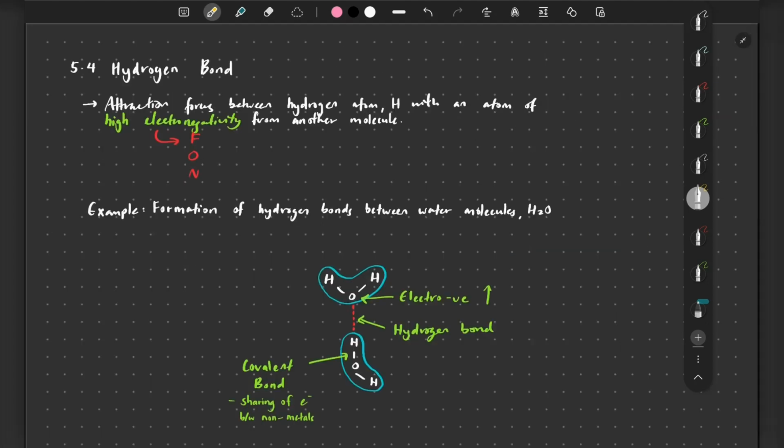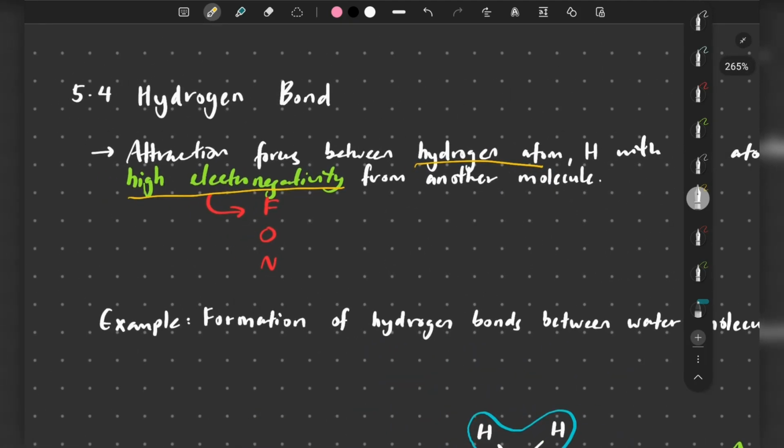Okay, so we have done our recap, so let's jump into part 3 of this chapter. Now we are going to talk about hydrogen bond, which is an attraction force between a hydrogen atom and an atom of high electronegativity from another molecule. It is very simple. You just need to remember FON, which is F-O-N.